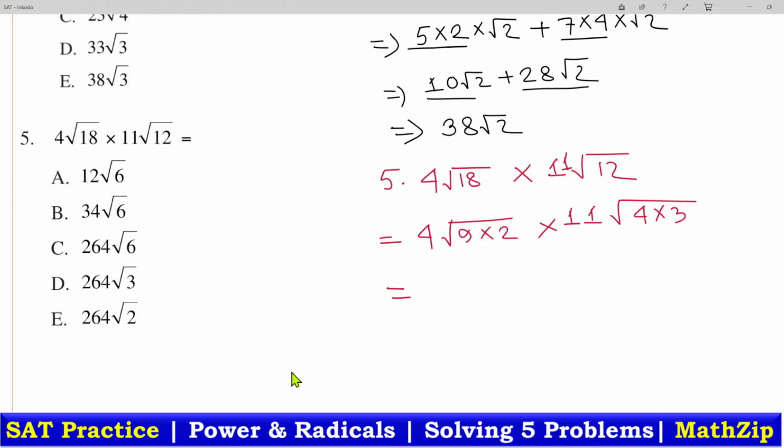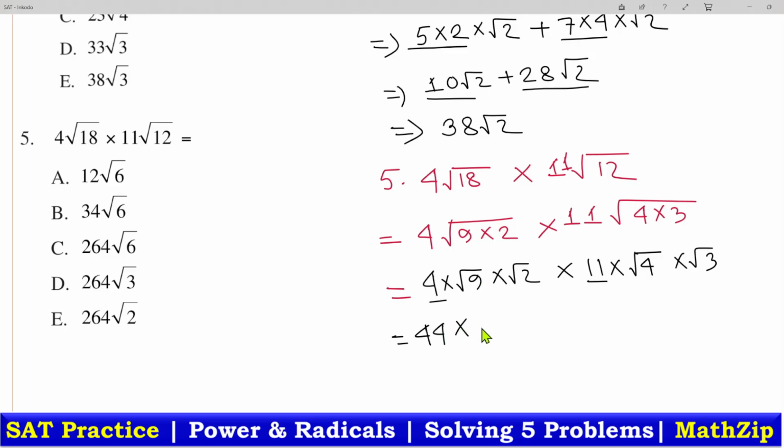First, 4 times root 9 times root 2, times 11 times root 4 times root 3. Then 4 and 11 will be 44, times root 9, which will be 3, times root 2, times root 4, which will be 2, times root 3.